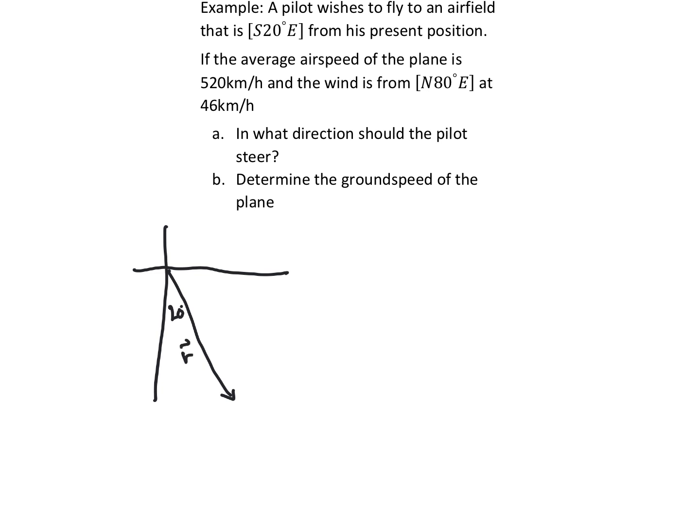or the ground speed. The wind is coming from north 80 east. So we're going to reverse that. Whenever we see the word from, we're going to reverse the direction. So that means it's coming towards south 80 west.